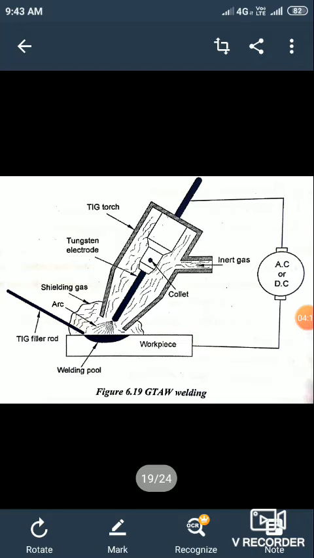The arc is clearly visible. Smooth welds can be obtained. It is more suitable for thin sections.